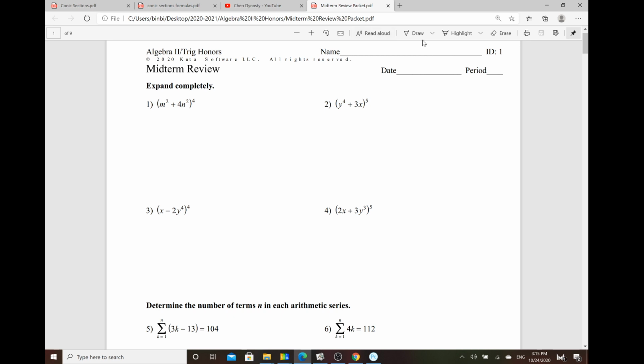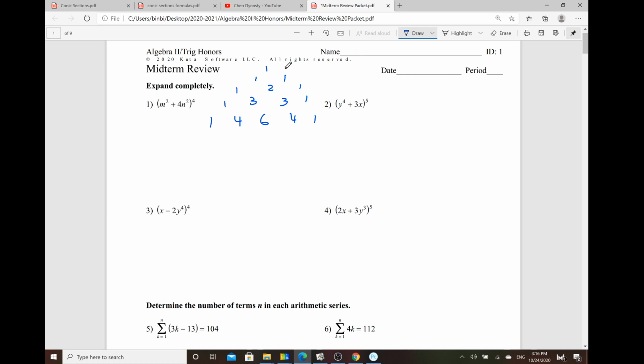Anytime that I see the binomial expansion, you want to start it off with Pascal's triangle. It's all 1 outside, so it's 1, 1, and then 1, 2, 1, and then 1, 3, 3, 1, and the next one would be 1, 4, 6, 4, 1.